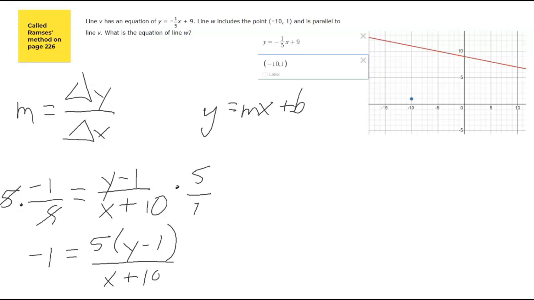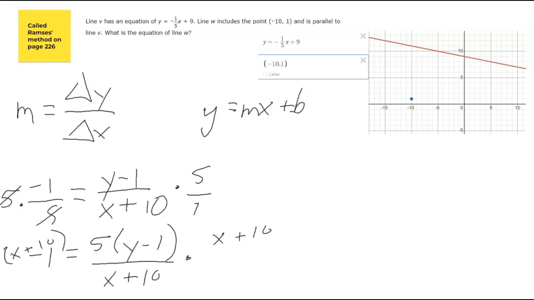All right, so now let's take it another step and let's multiply both sides of the equation by x plus 10. So we're also going to multiply this times x plus 10.